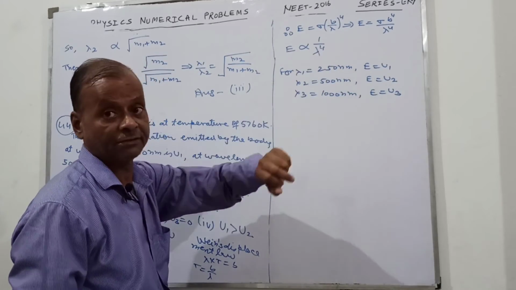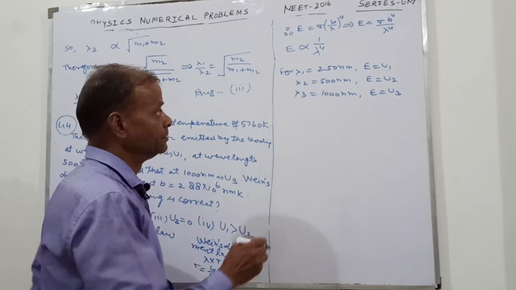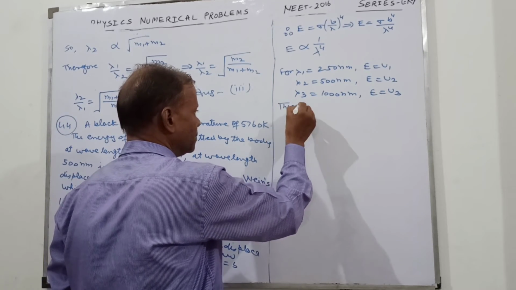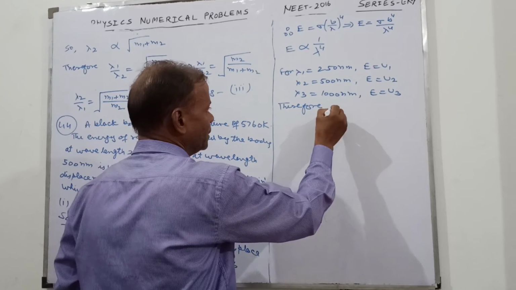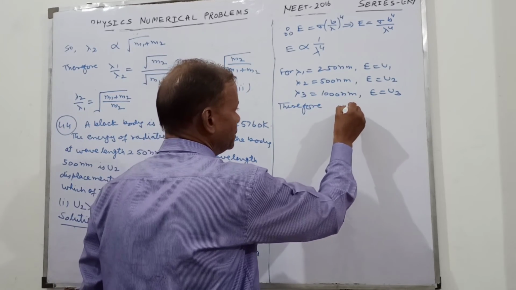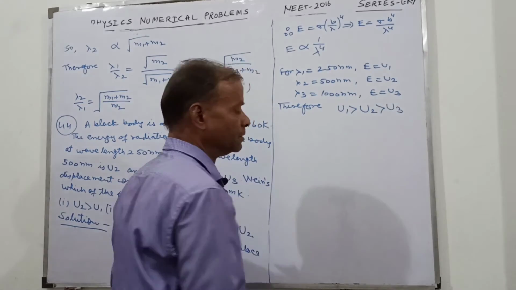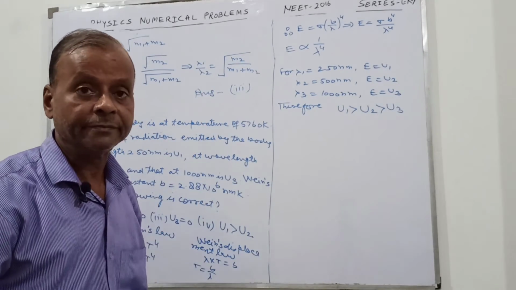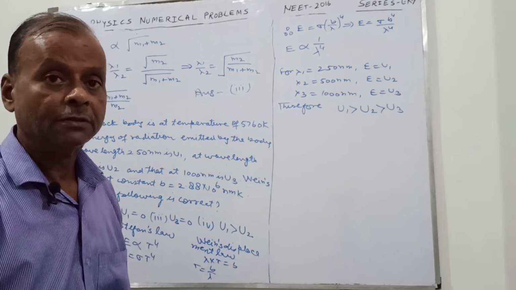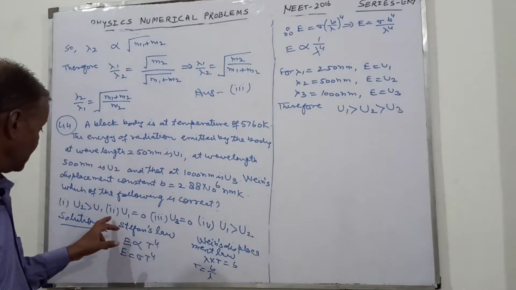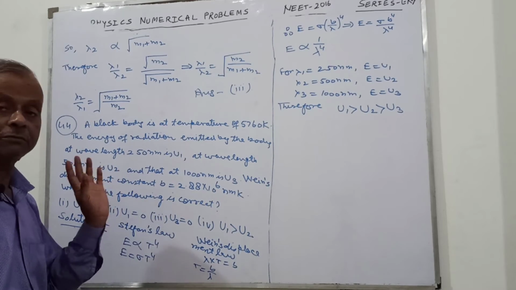So from this relation, it readily follows that U1 is greater than U2, greater than U3. None of them will be 0. So the second and third options are automatically wrong.